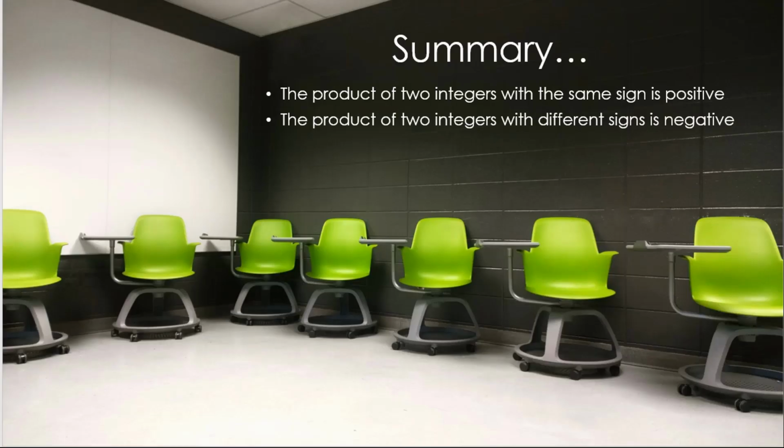So in summary, the product of two integers with the same sign, so if you had negative 5 times negative 3, or 5 times 3, those are two integers with the same sign. Your answer is going to be positive. Again, we'll talk in class in great detail why that happens. For now, I just need you to understand that it does happen.